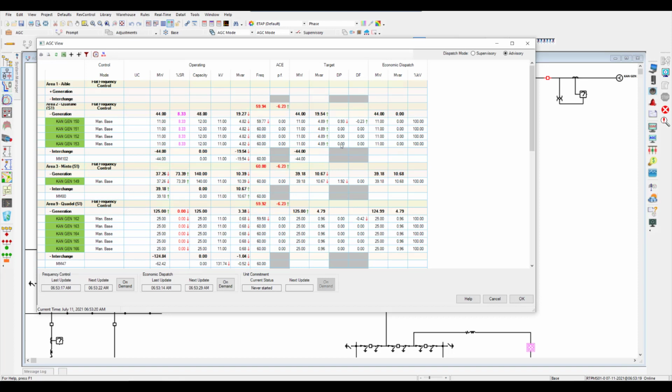The area control error and the target frequencies are determined based on the frequency control, which is running every few seconds. And every few minutes, we are running an economic dispatch that overrides or supplements this target that is being dispatched for frequency control.